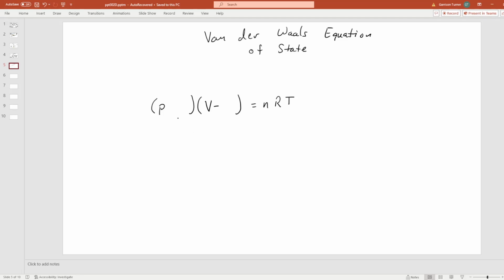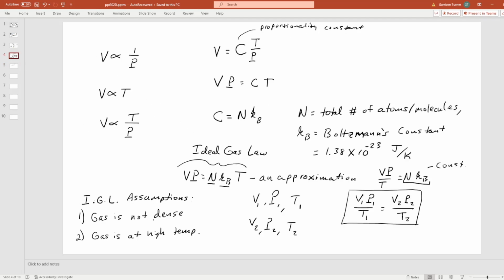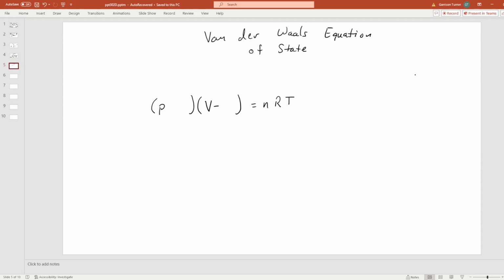First things first, if we relax these two assumptions, let's suppose our gas is dense. What that means is you have a lot more molecules per amount of volume than you do in the ideal gas assumption.